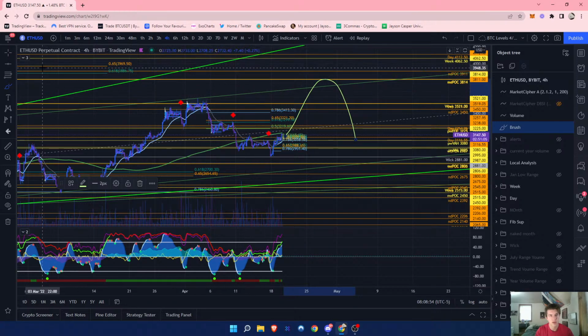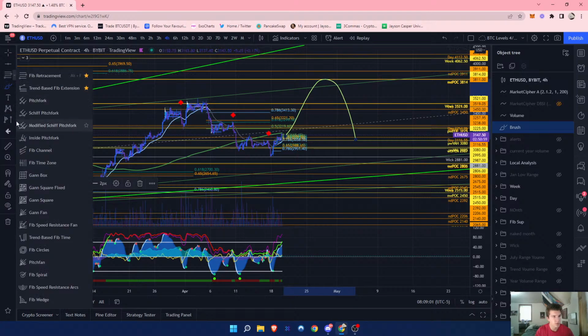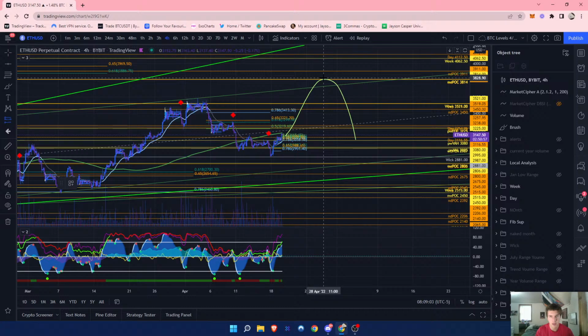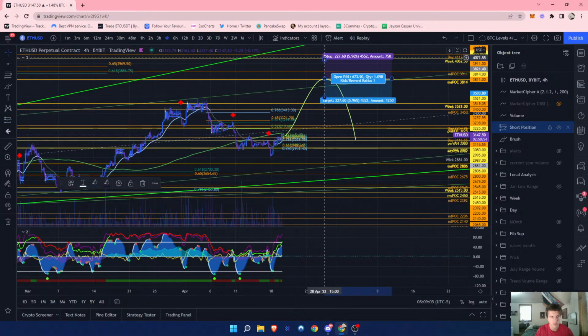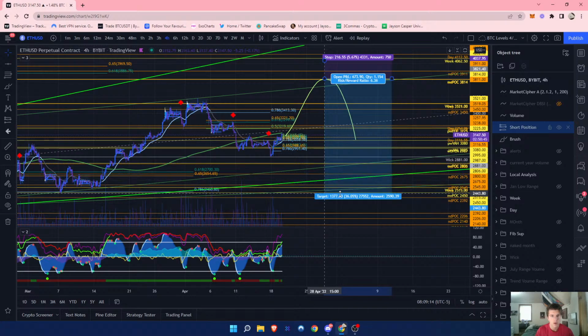Again, this is shy of a golden pocket, so really you want to have a larger stop loss. Really, I put my stop loss like right here, so 5% stop loss, smaller position size, and really just aim down to the bottom right here.